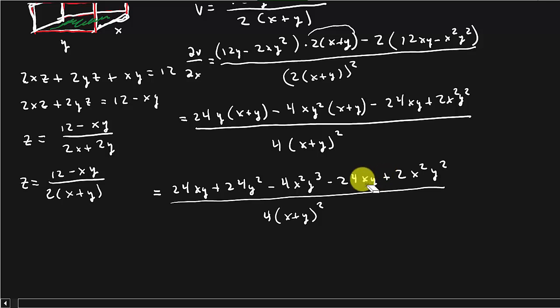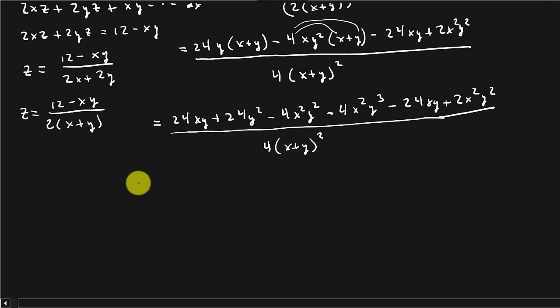Okay, I do have a mistake right here. So we distribute this to the x. That should give us 4x squared y squared minus 4x squared y cubed, multiplied to that and then that, and then minus 24xy plus 2x squared y squared. And that should be it.